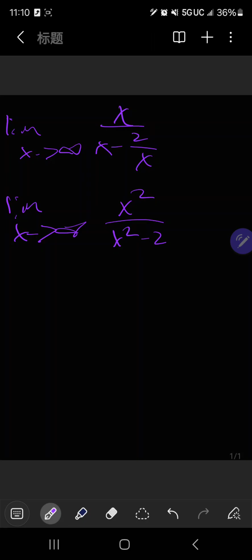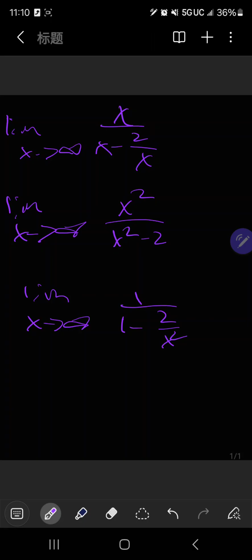Now I'm just simplifying it. If we simplify, we take the x squared, and the limit as x approaches infinity is 1 over 1 minus 2 over x squared.